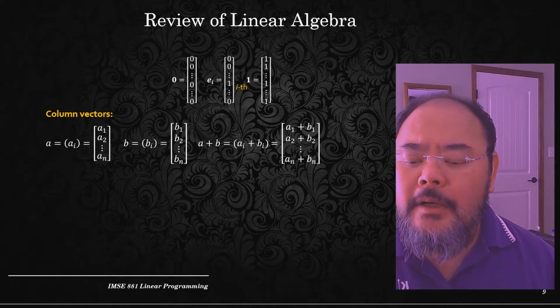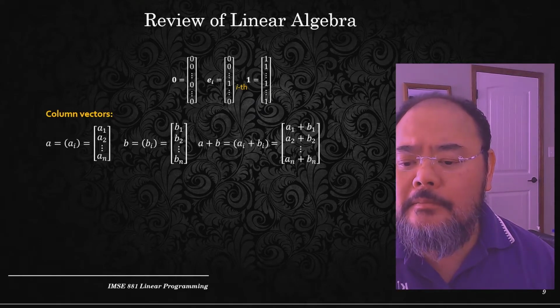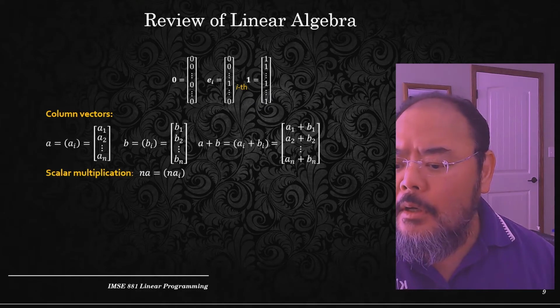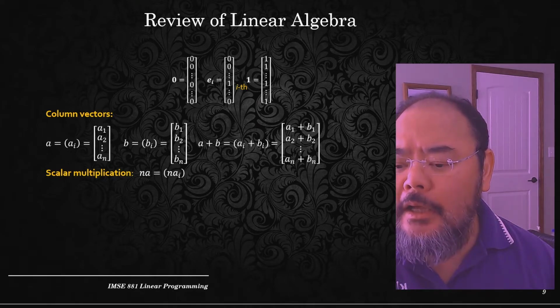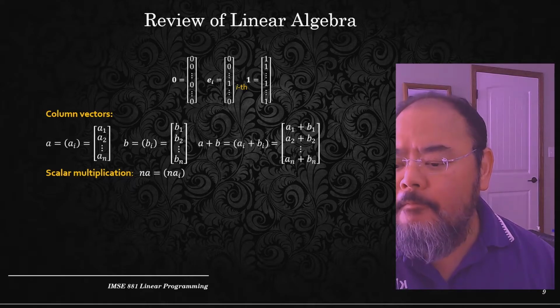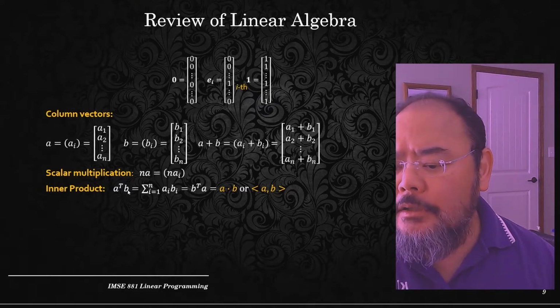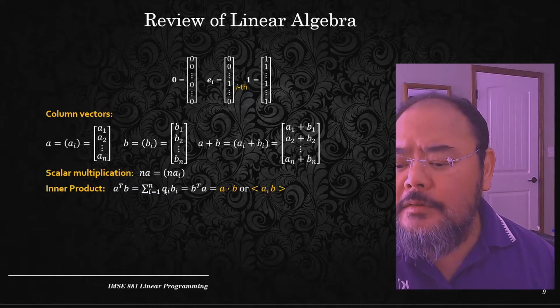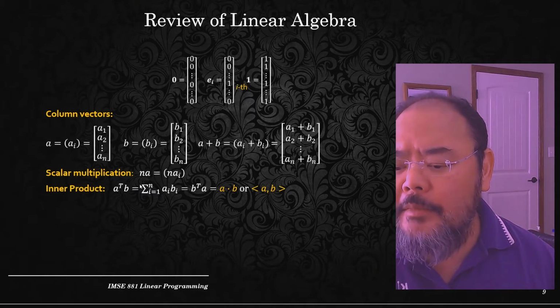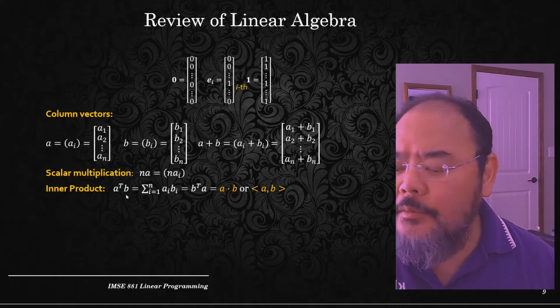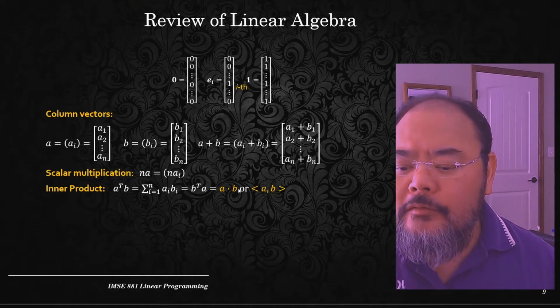A plus B is basically the element by element summation of vector A and vector B. Scalar multiplication is n times A, which equals n times each one of the elements in vector A. The inner product, what we call a dot product, is basically A transpose times B. It represents Ai times Bi summed up together, and it's exactly equal to B transpose times A. Many times in a paper or textbook, you see A dot B. So the inner product is usually referred to as a dot product.